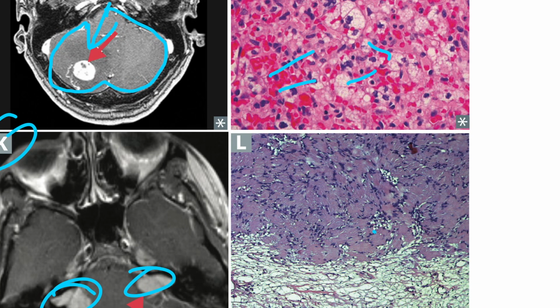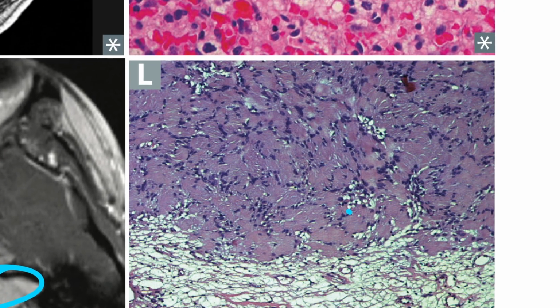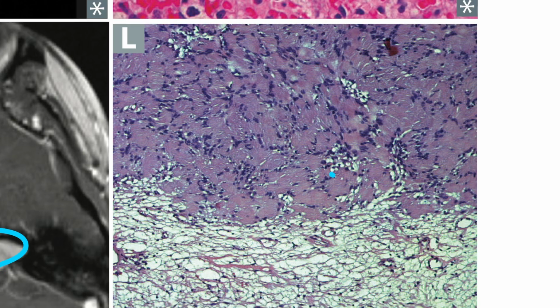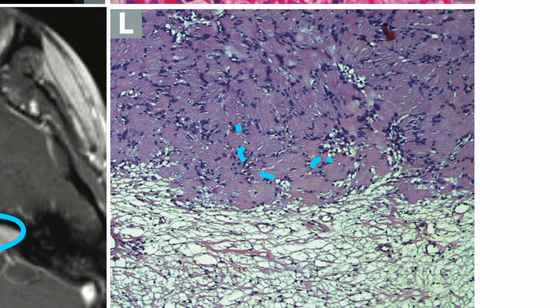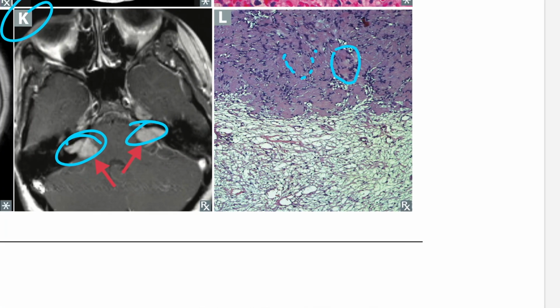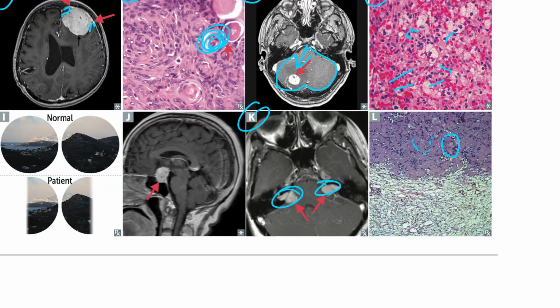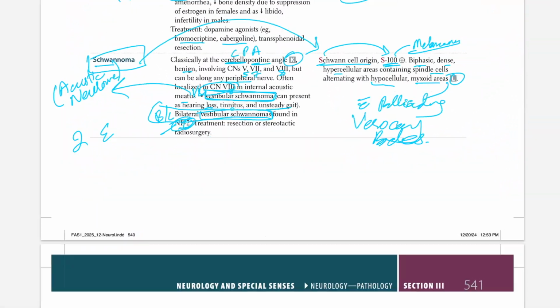So hypercellular areas containing spindle cells with palisading. If you look at the picture, they're palisading with verrucae bodies. That's an extra thing. So you have verrucae bodies there as well. And that's going to be all for primary adult tumors.